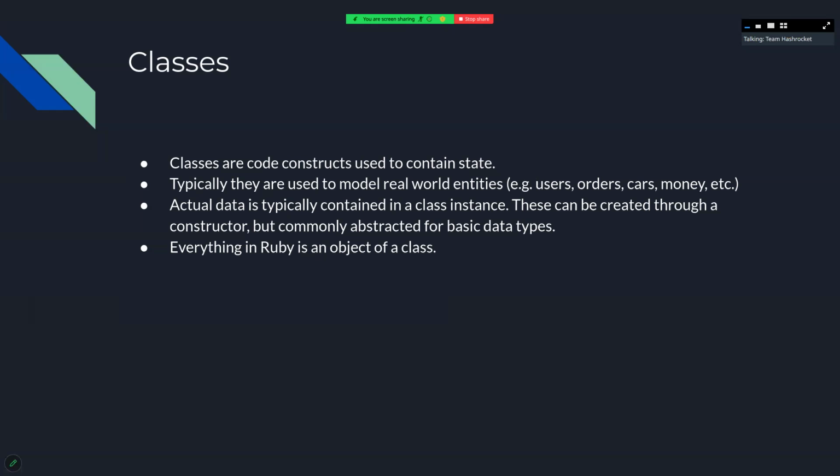We'll often use them to model the real-world entities that we're working with, users, money, cars, etc. And then actual data is contained in a class instance. Right, so we create an instance of a class, and then we assign state to that instance. When we're constructing an instance of the class, we can pass arguments into that. That will go through a constructor, and we can optionally use that to assign to the instance.